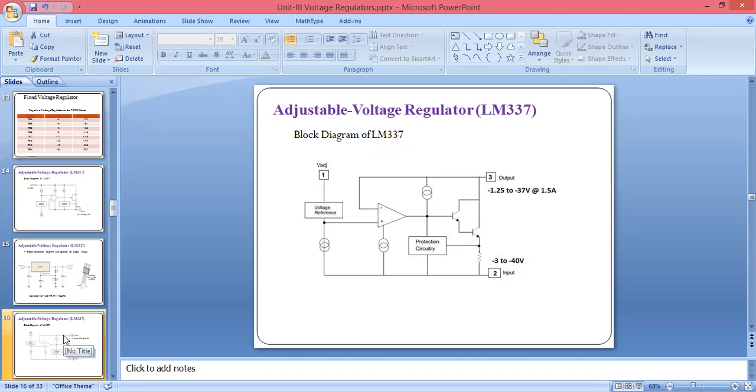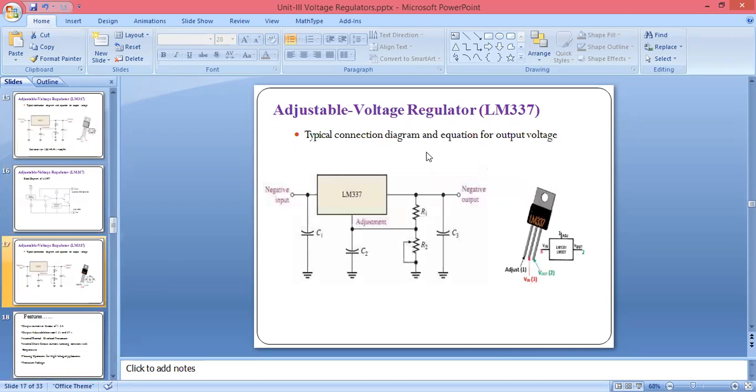If you see the pin diagram, you can see here, the circuit diagram is also the same. But what is the difference? One pin is for adjusting the output value.